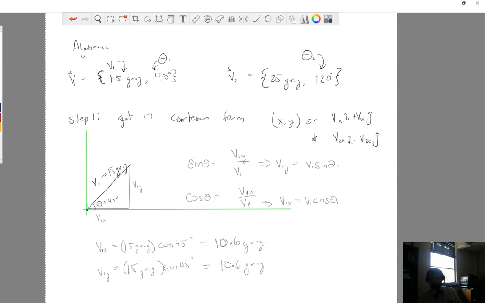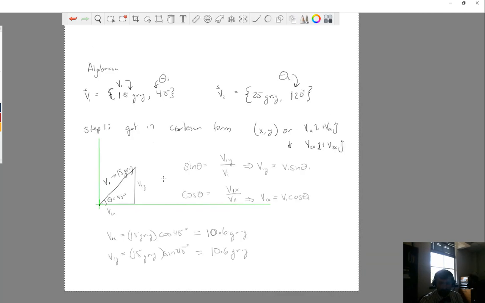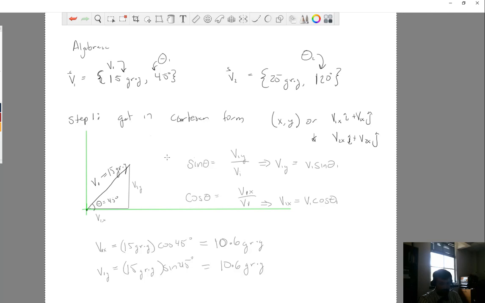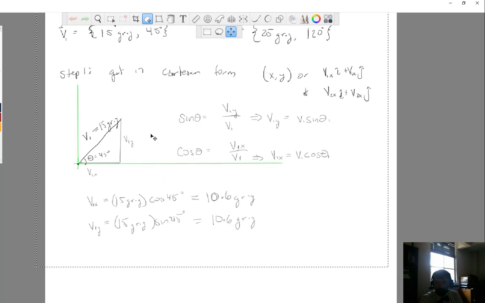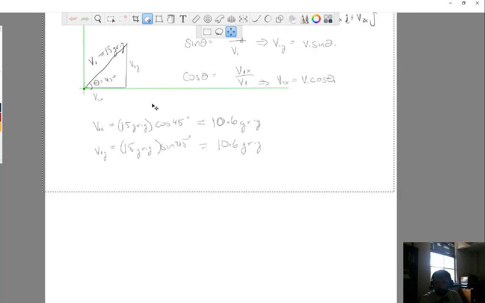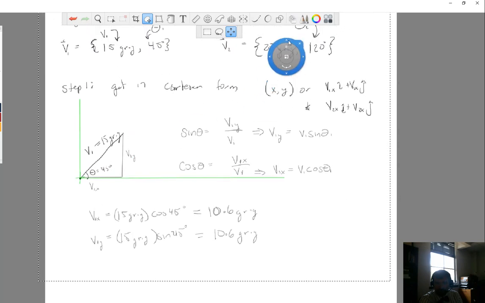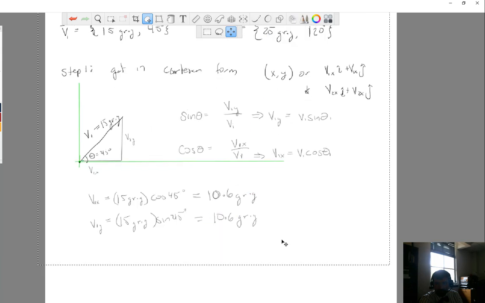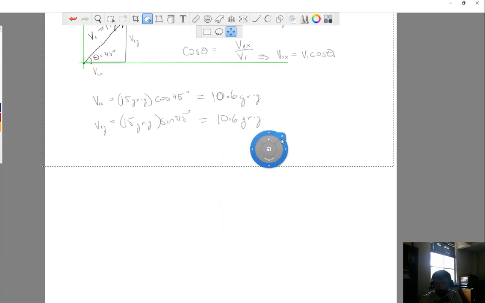Okay. So now you've got to repeat it for the other one, for V2. We're looking at 25 and the sine and cosine of 120.